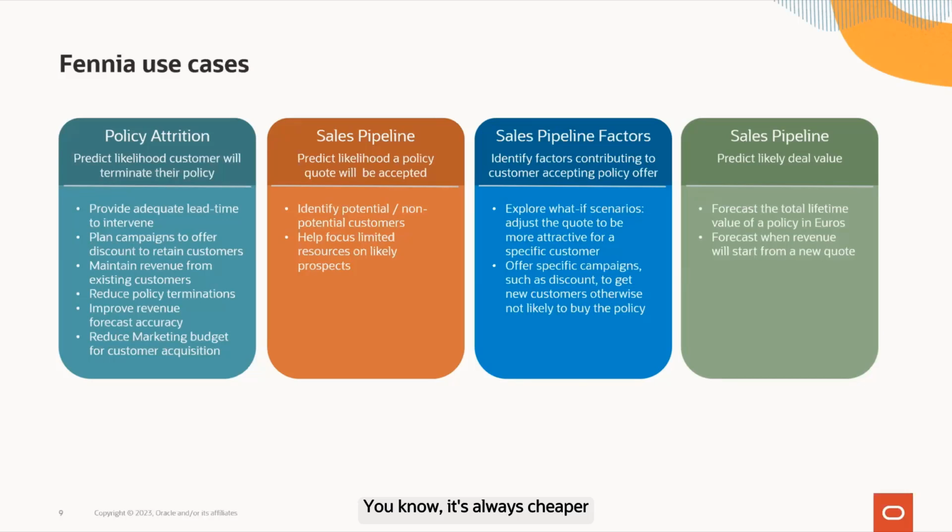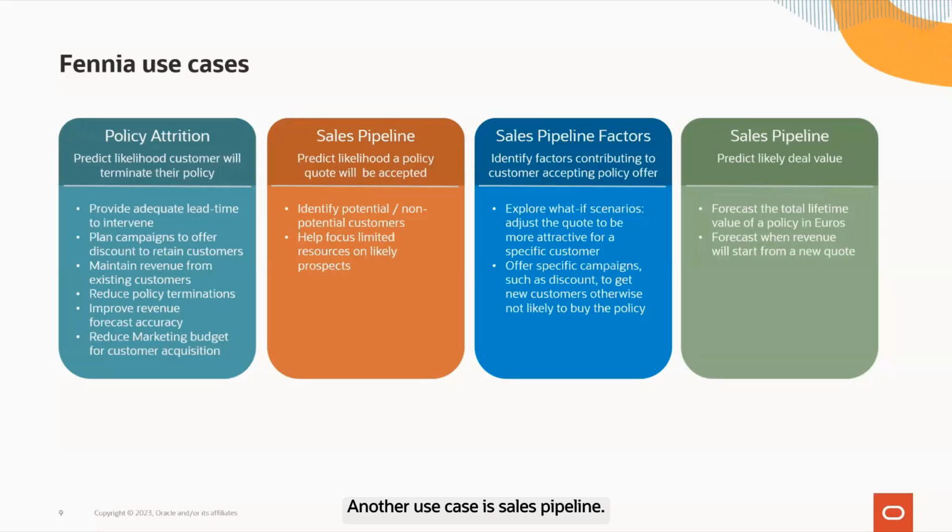It's always cheaper to keep your current customers than to find new customers. So it's good to keep your customers satisfied. This has been very important for Finnia to understand those customers who might not be too happy, so that they are able to fix whatever problem the customer is facing, for example, to have campaigns that they can offer to certain customers.